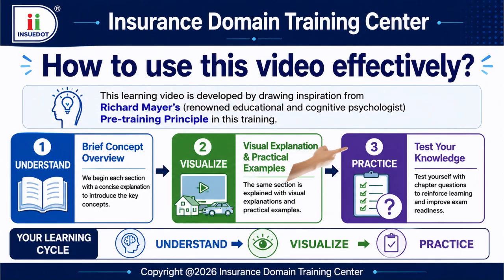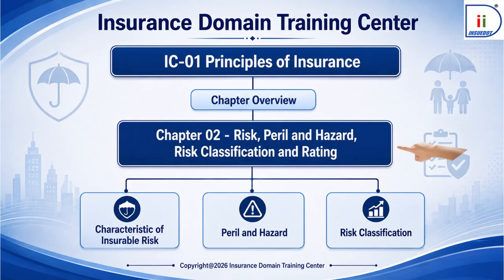Now, let's begin. In this video, we are covering Chapter 2, Risk, Peril and Hazard, Risk Classification and Rating. The objective of this chapter is to introduce you to the concepts of risk, peril, hazard, and understand the differentiation. You will also learn how risks are classified by insurers and how it helps in underwriting and rating.